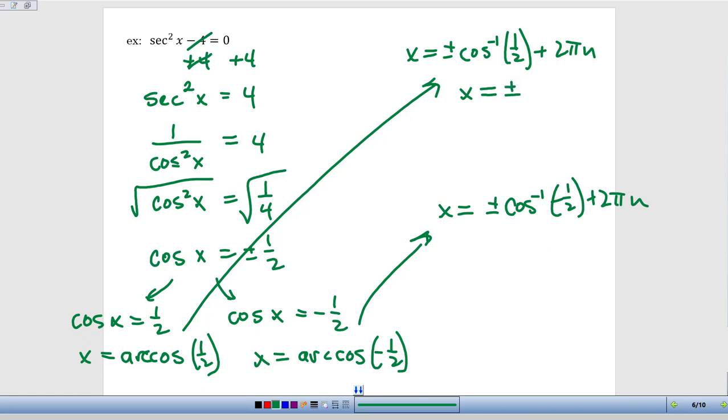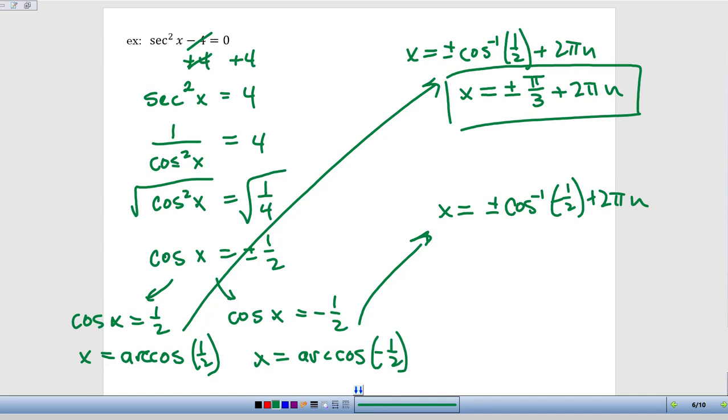So we've got x equals plus or minus. So on our unit circle, if we want to take the inverse cosine of 1/2, we've got to get an answer that's between 0 and 180, between 0 and pi. And so cosine has the x-coordinate is 1/2 at pi over 3. So I've got plus or minus pi over 3 plus 2 pi n. And then so that's one part of our infinite answer set.